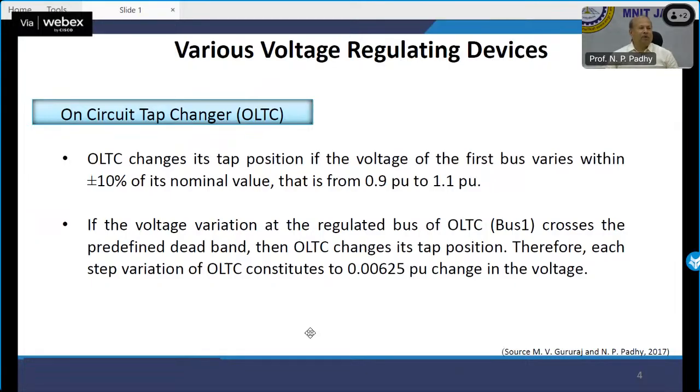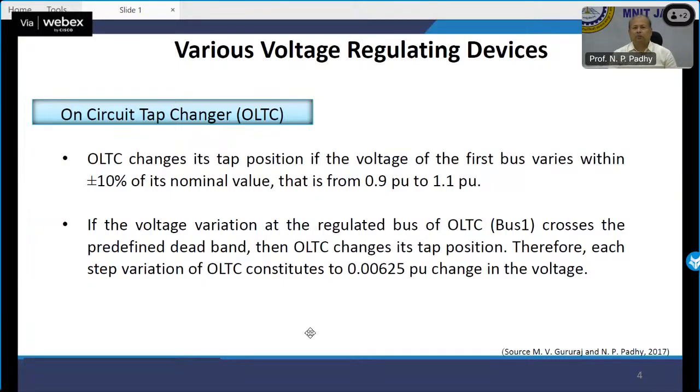You can calculate what each step will be. Now, if the voltage variation at the regulated bus of OLTC crosses the predefined dead band, then OLTC changes its step position. Therefore, each step variation of OLTC constitutes 0.00625 per unit change in the voltage.